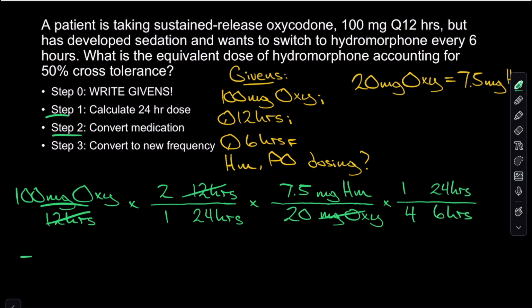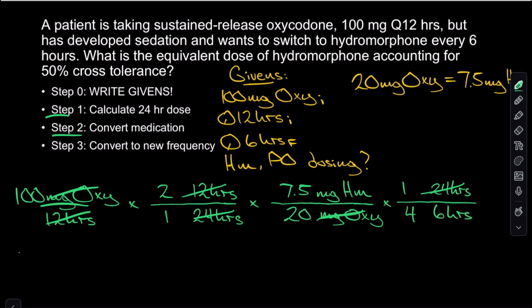And then that should leave us with, let's see, these units are canceled out here and here. So now we're at milligrams hydromorphone per 6-hour units.